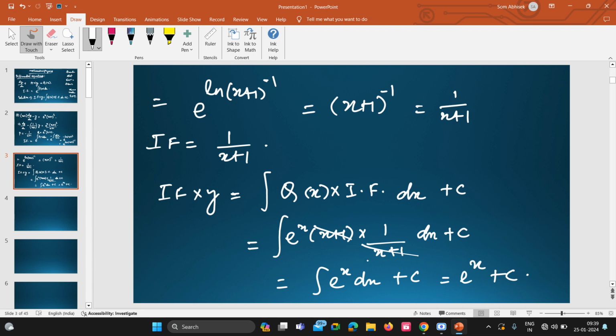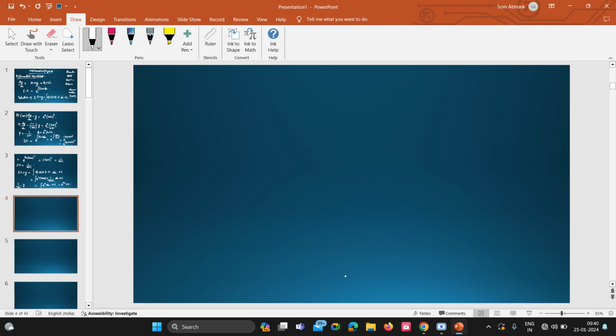Did I make any mistake here? The integrating factor into y: 1 by (x plus 1) into y is equal to e to the power x plus c.